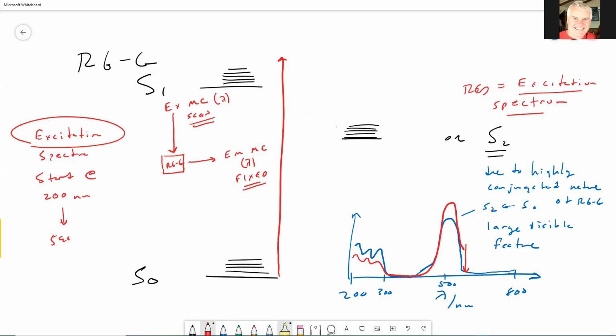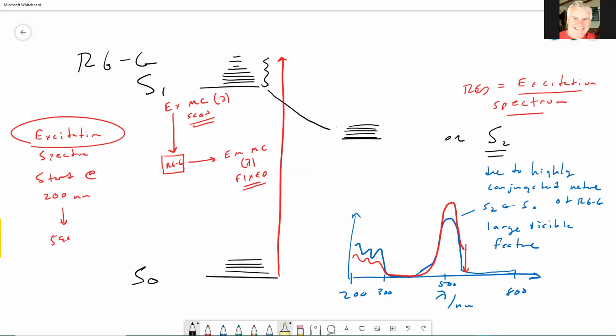And what we see happening is that as we excite the molecule into this state up here, there's some state up here that it excites into. And then the molecule decays down very quickly into this state.